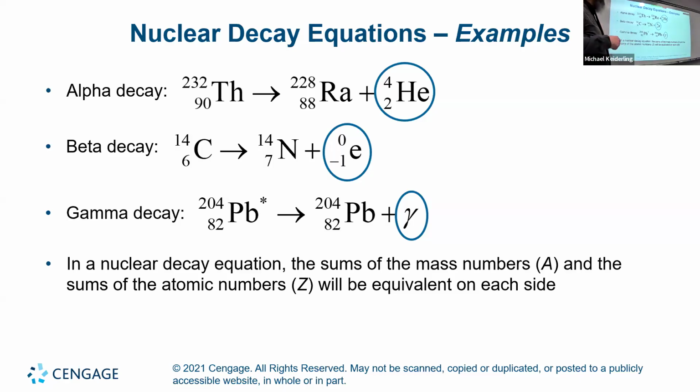Here's beta decay. Carbon-14 decays into nitrogen-14. You can see the atomic number goes up by 1. The mass stays the same because it's emitting an electron, which has an atomic mass of 0 and an atomic number of -1.